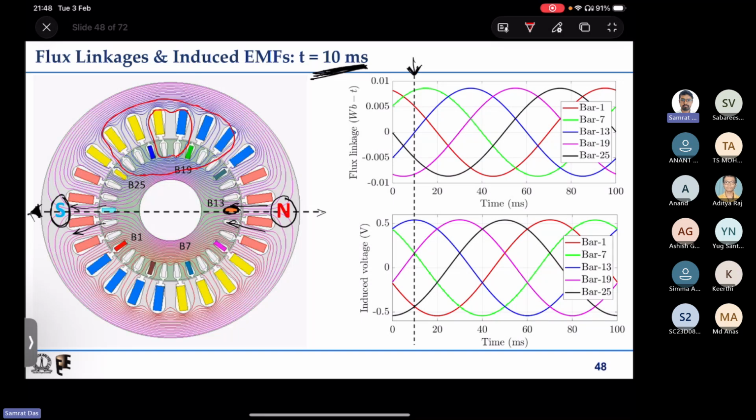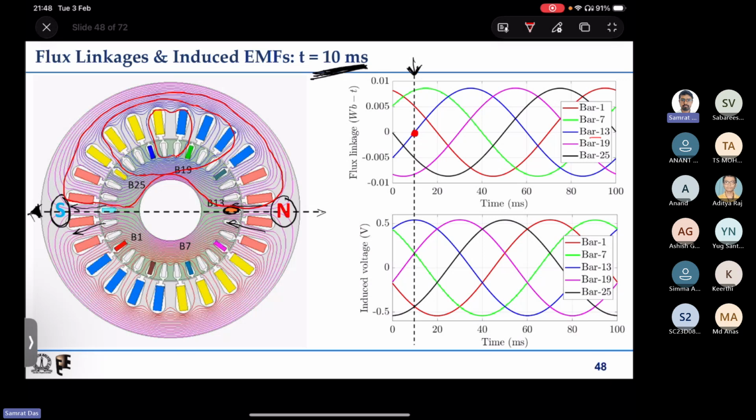This is also not linking bar 13. We can draw another flux line here. That is the extreme case, and that also is not linking bar 13. What do we mean by linking? It is not enclosing bar 13. So at this instant bar 13 has zero flux linkage. Can you see that? Bar 13 corresponds to blue. You can see that we have zero flux linkage, right?